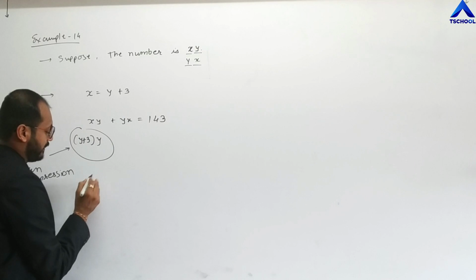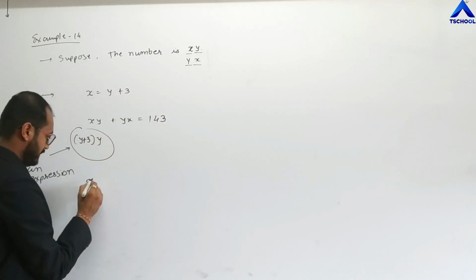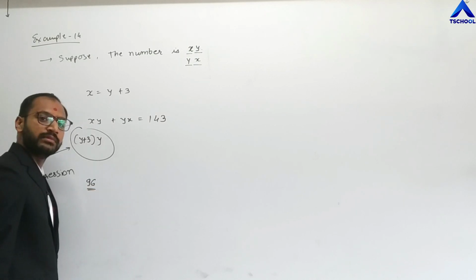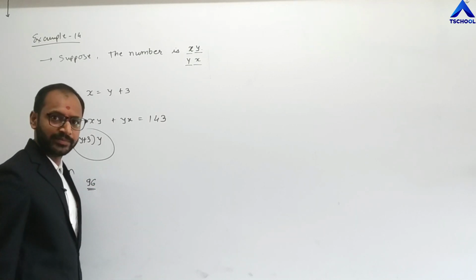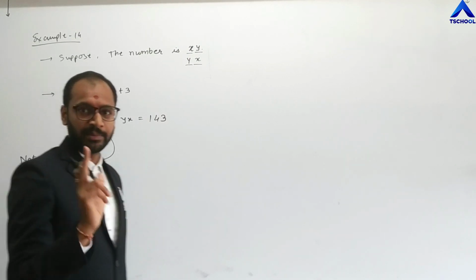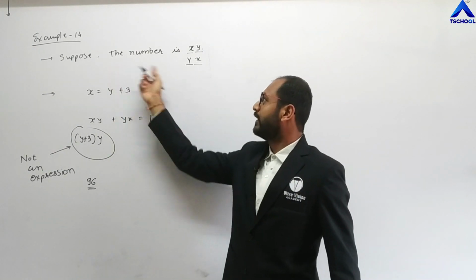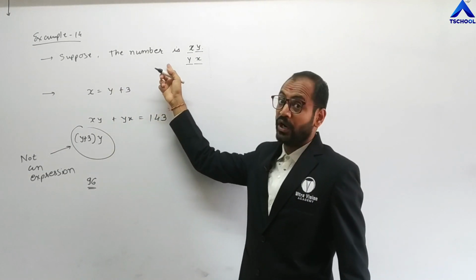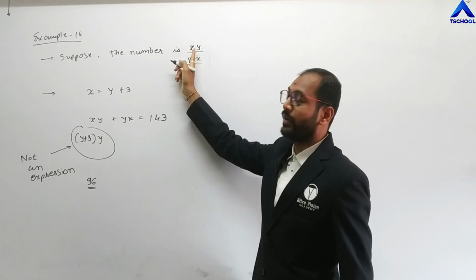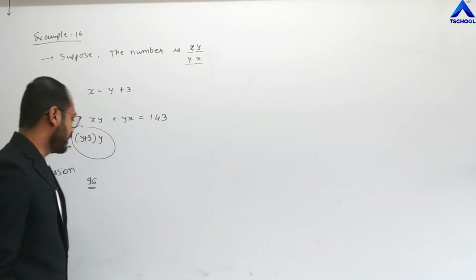Suppose let me take 9, and the second one is 3 lesser, so this digit should be 6. So this is the number 96, but not the multiplication of 9 and 6. Remember this thing: in the question, what is given is a number, not the multiplication of x and y. Clear? Here 96 is a number, a natural number.